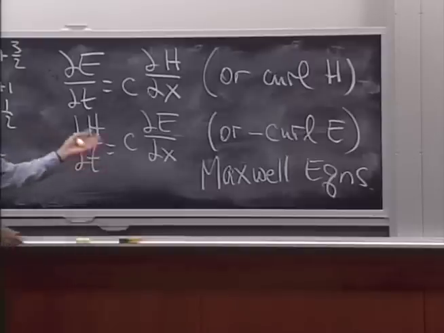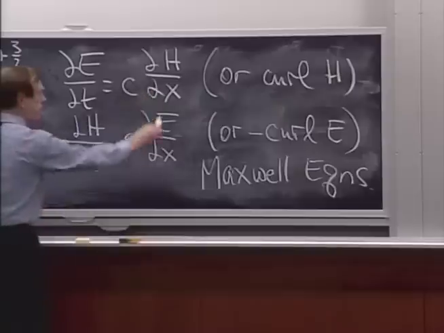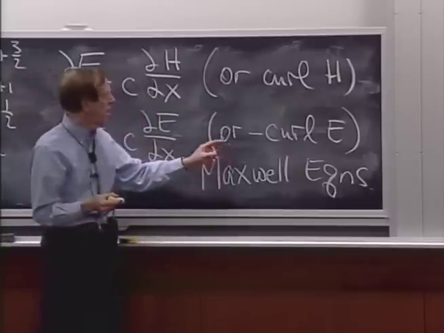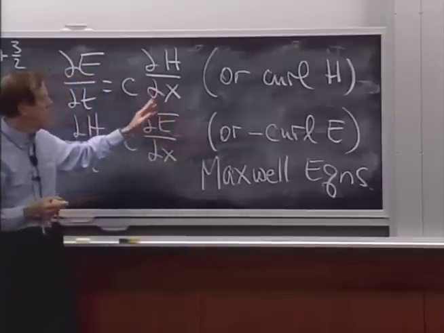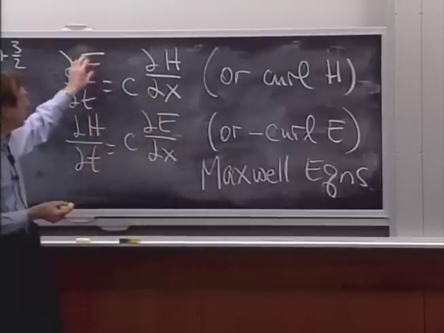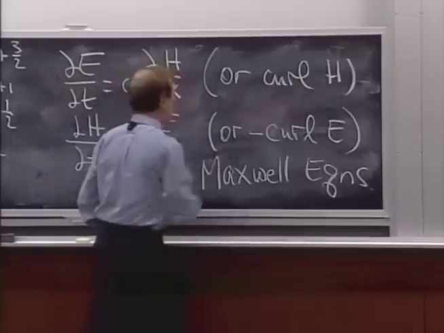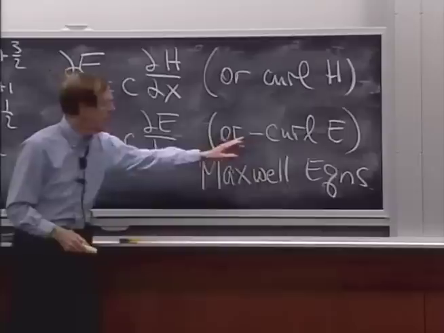So E for the electric field, H for the magnetic field, but here in 1D, so it allows me just to mention that in 3D, when E has 3 components, H has 3 components, this is really the curl, and this is really minus the curl.